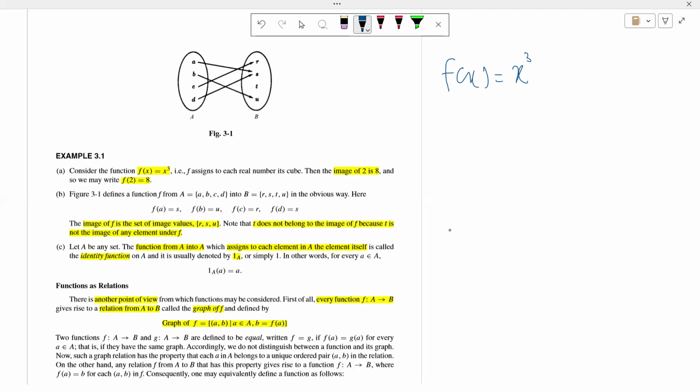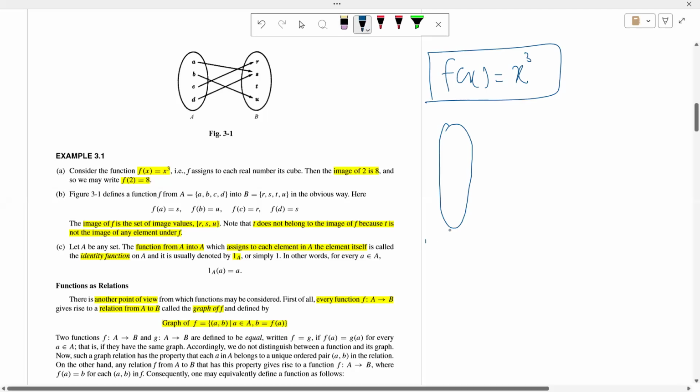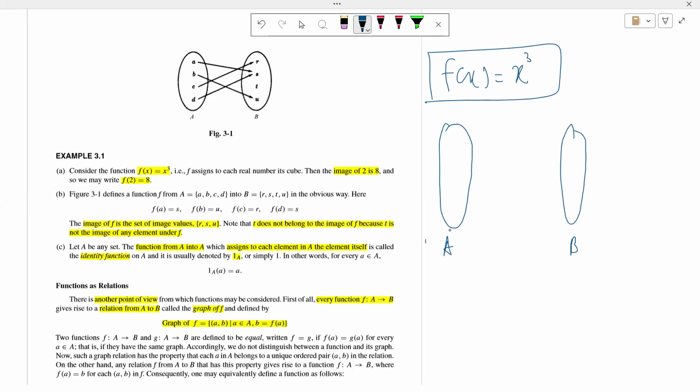Okay, now this is a function. Now I am writing some domains here. This is A, this is B. Now I am writing here -1, 0, 1, 2, 3. So now these are my domain elements.